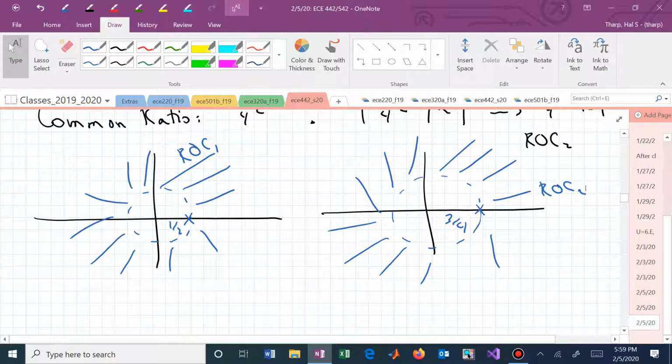Those will be the values of z that are true for both cases, because you have G1 and G2 summed. You need z's to be true for when they're combined. So now you need the region of convergence for little g to be beyond 3/4.